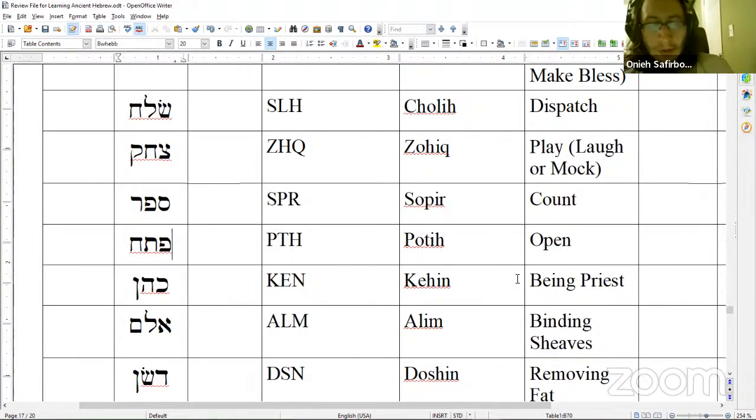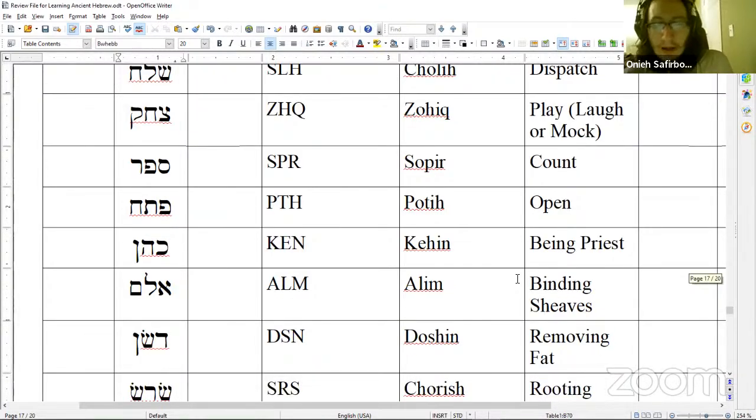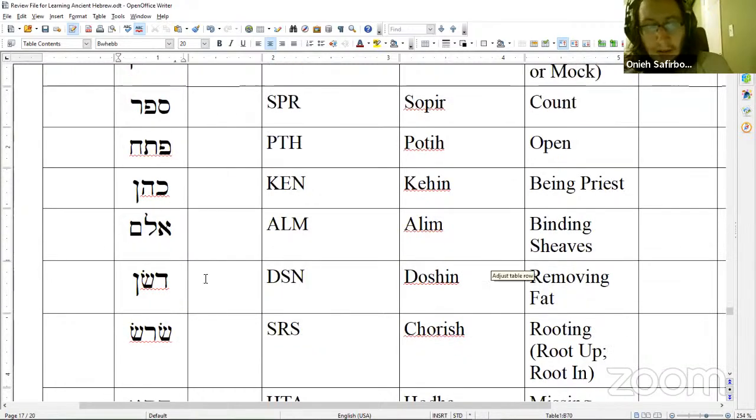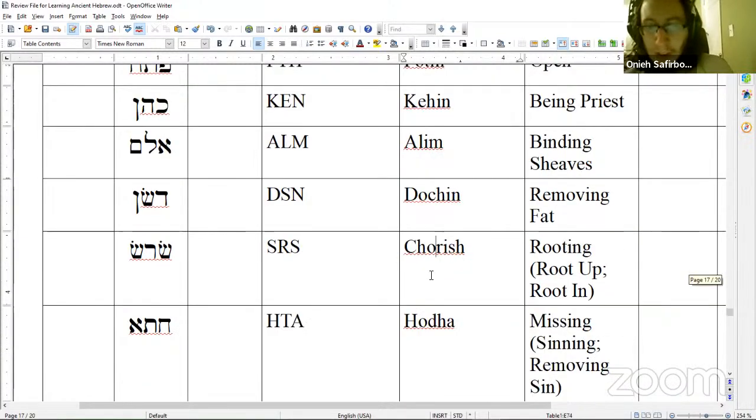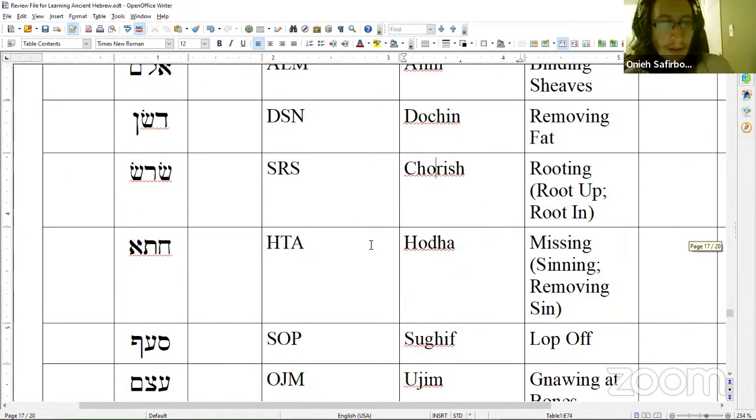Pate, open. Kehin, being priest. Alim, binding sheaves. Dashin, or dachin, removing fat. Charish, rooting. Hadla, or hadla, missing.